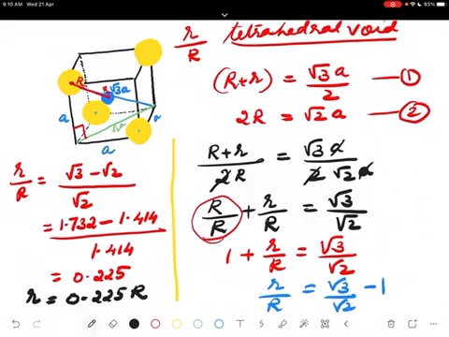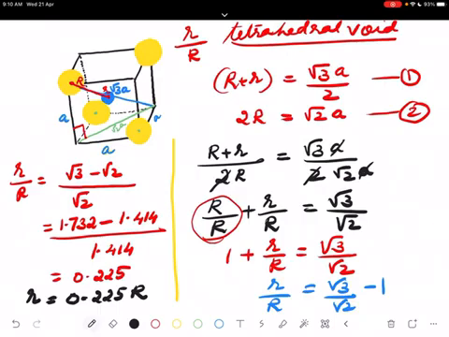Radius ratio means small r upon capital R. Small r is the radius of the void, here the tetrahedral void, and capital R is the radius of the spheres which make the crystal lattice.